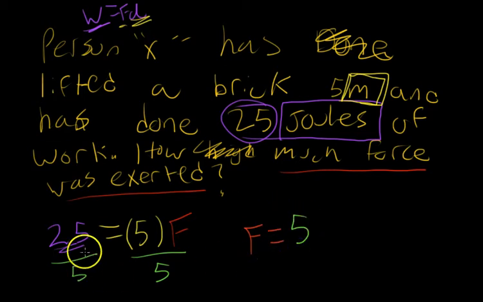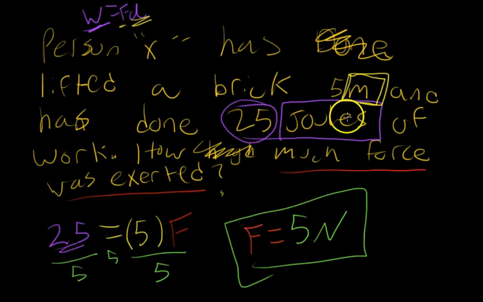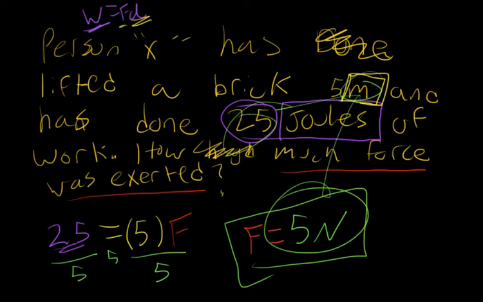But 5 what? Let's remember our unit for force, the newton: 5 newtons. If I lifted a brick 5 meters and did 25 joules of work, I used a force of 5 newtons with my arms.